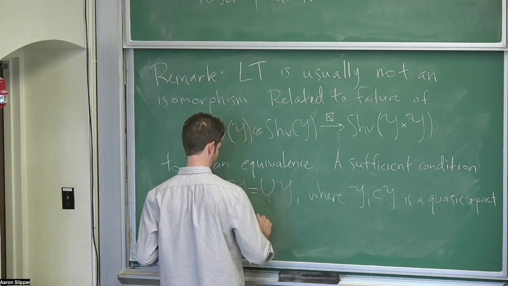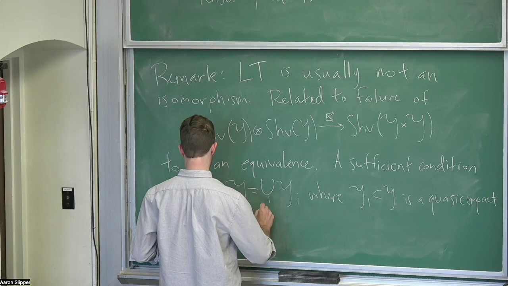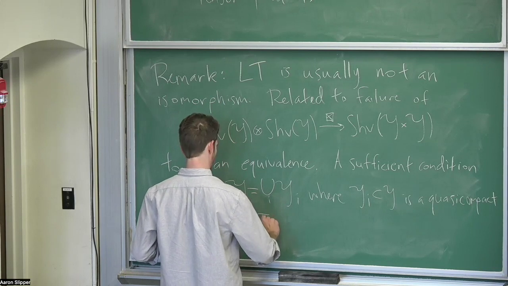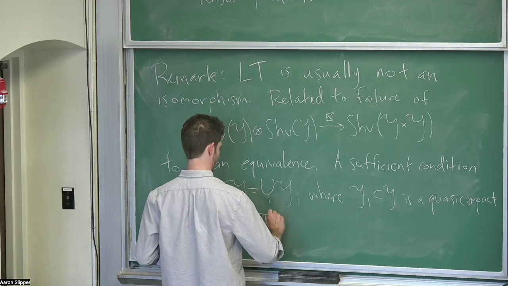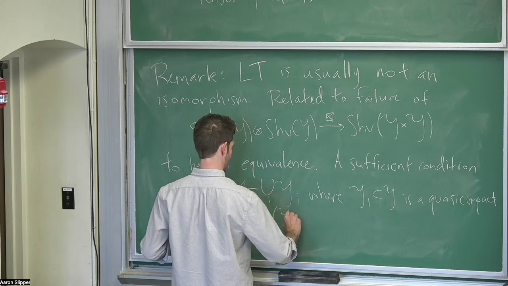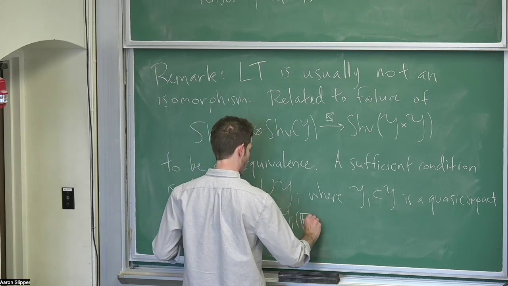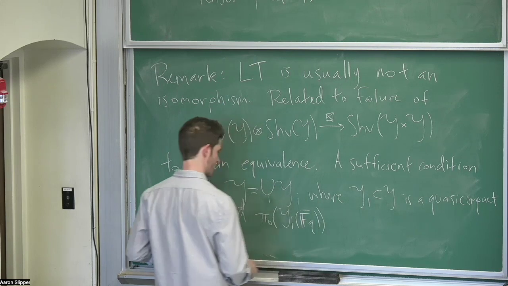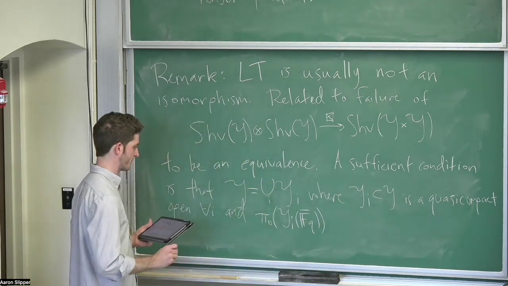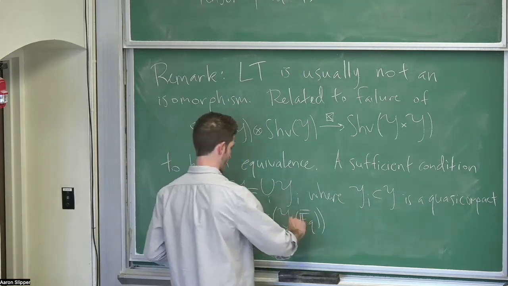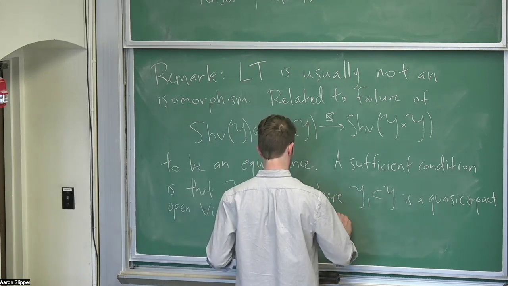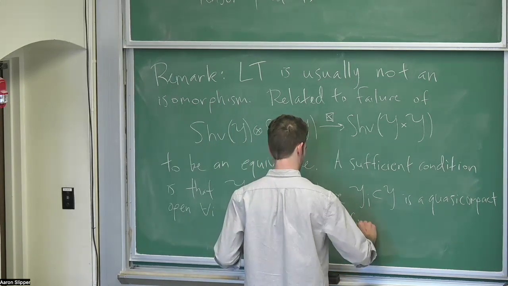What I want to assume is that if I take the groupoid of F_q-bar points of Yi, this groupoid has finitely many connected components.